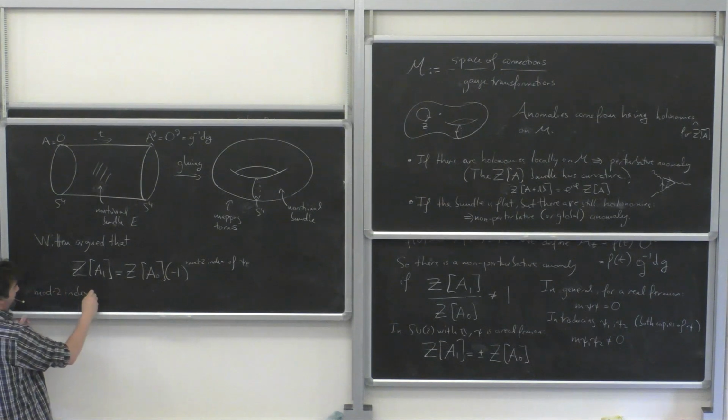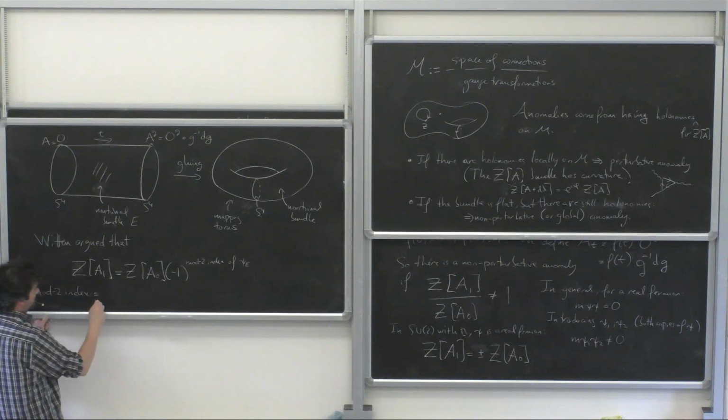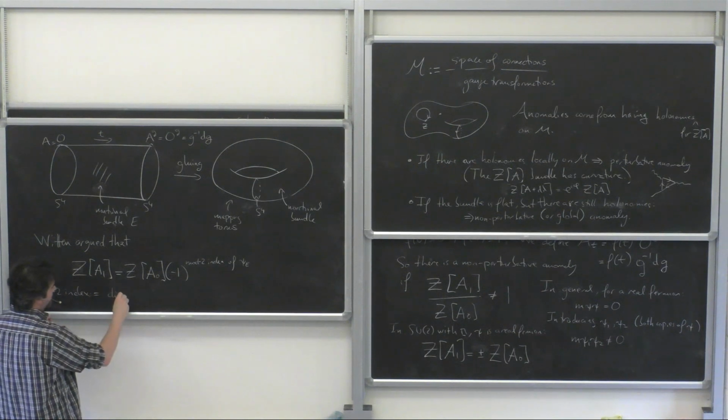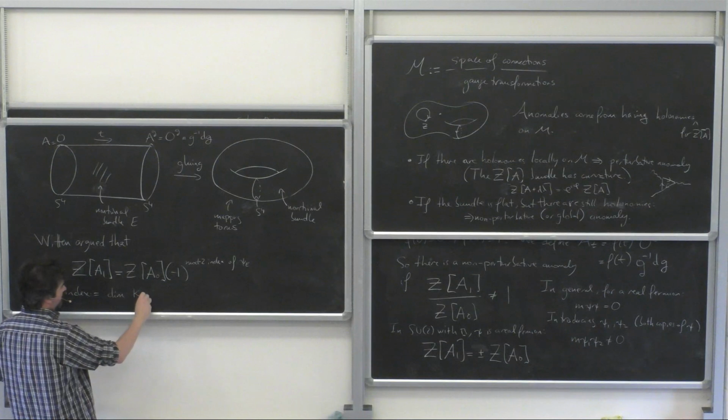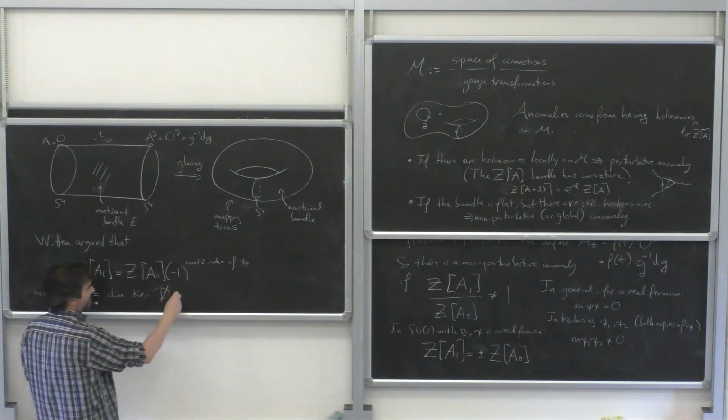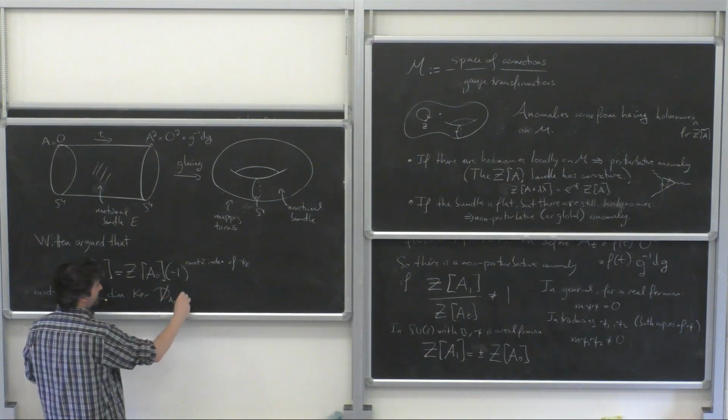It's a fancy name for the dimension of the kernel of the Dirac operator coupled to this bundle, mod 2.